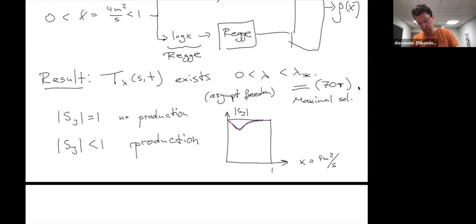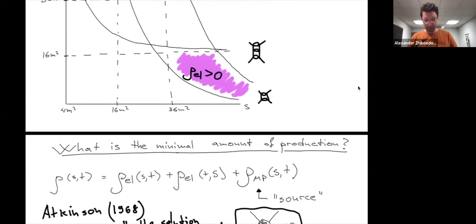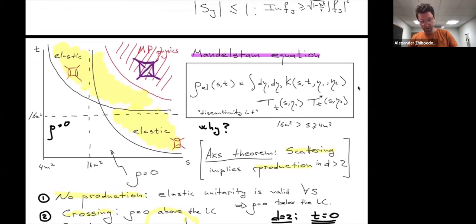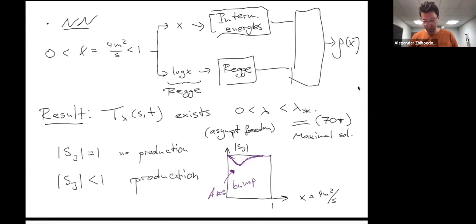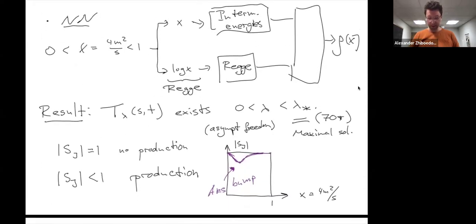So asymptotically, scattering becomes transparent, but all these partial waves develop what we can call this Aks bump, which is precisely related to the fact that if you have this graph, which is a 2-particle cut, by crossing you will have this graph, which is 2 to 4, which is a production. And indeed, you see exactly that this is what happens.